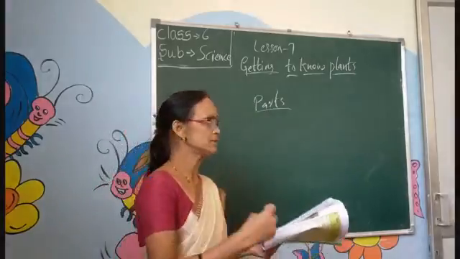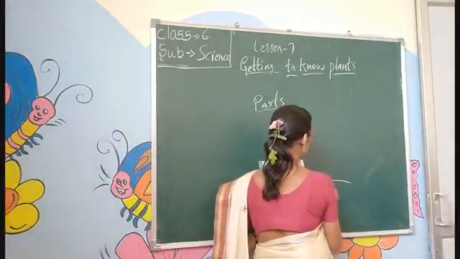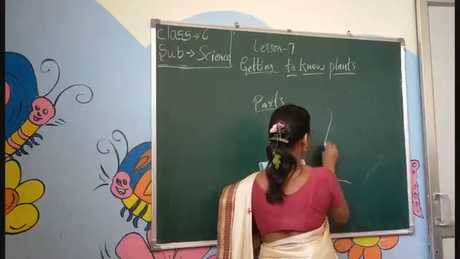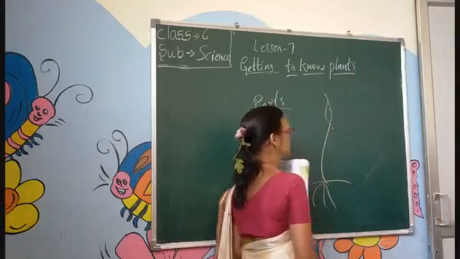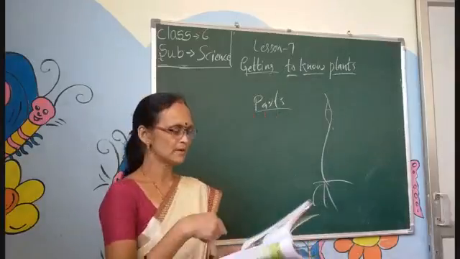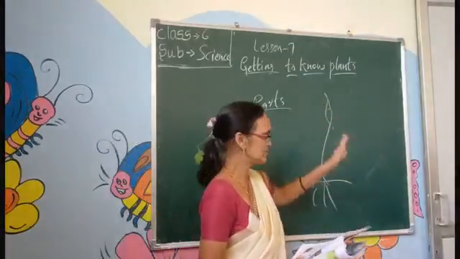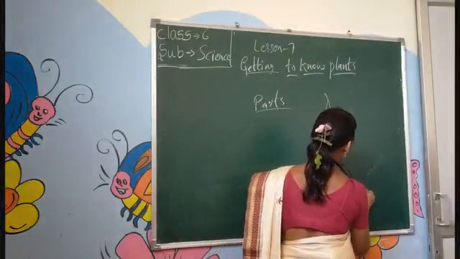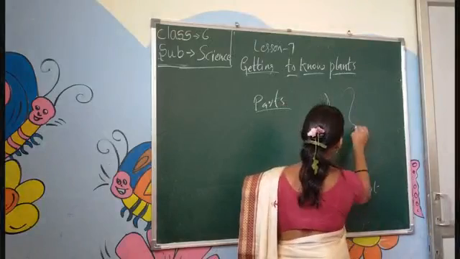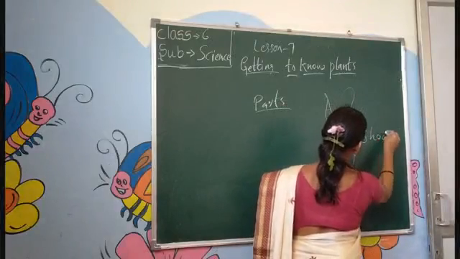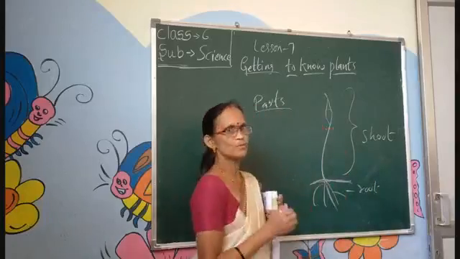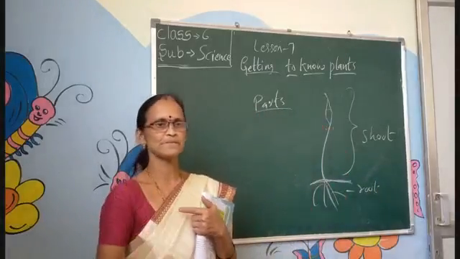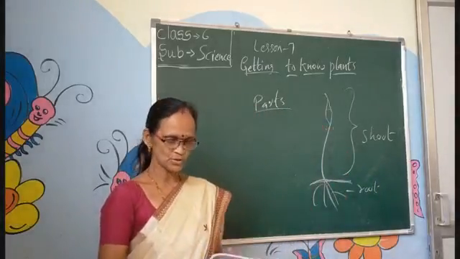Below the earth, under the ground, this is the root. The upper part is called the shoot. In the shoot you have so many branches and stems.